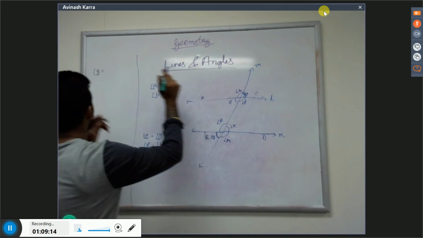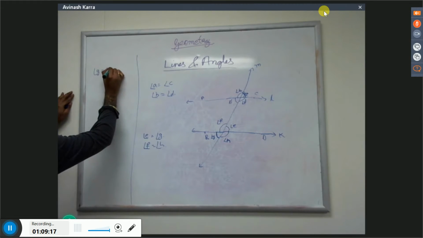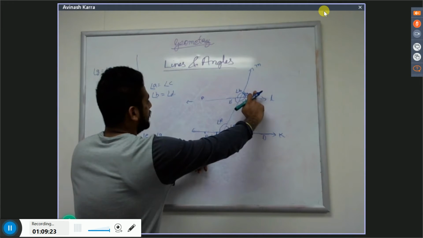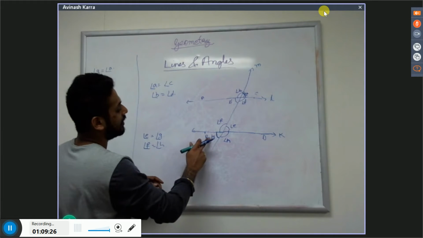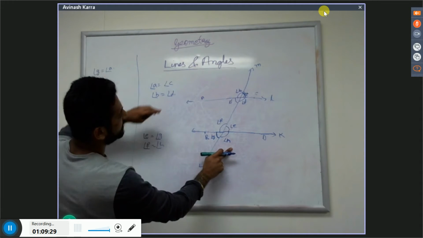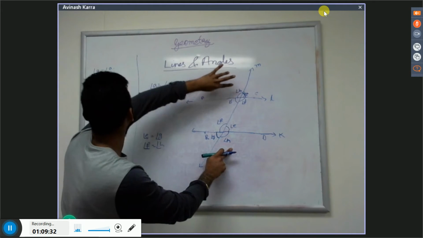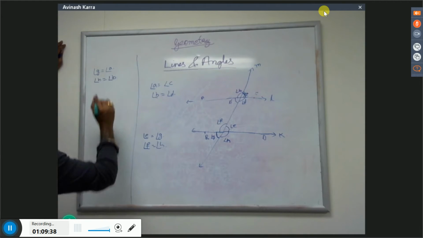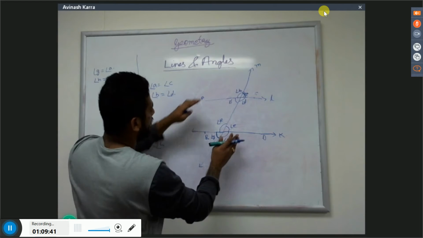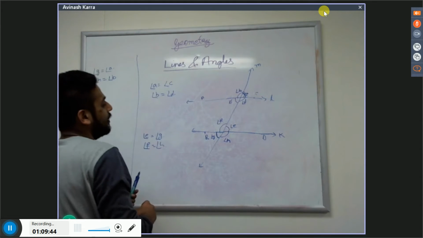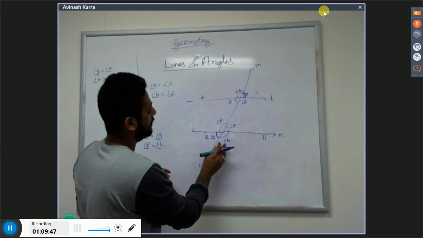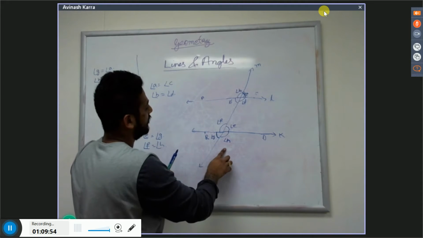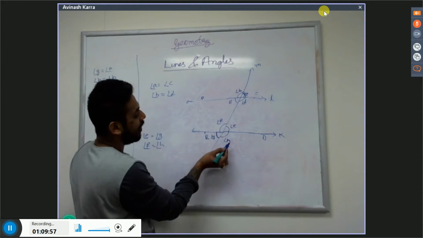Angle A. Angle G is equal to angle A. In the same way, angle H is equal to angle B. So exterior is done. Now interior opposite angles.